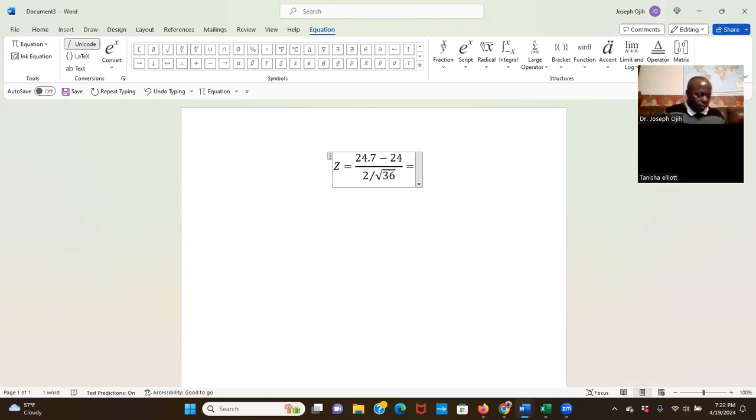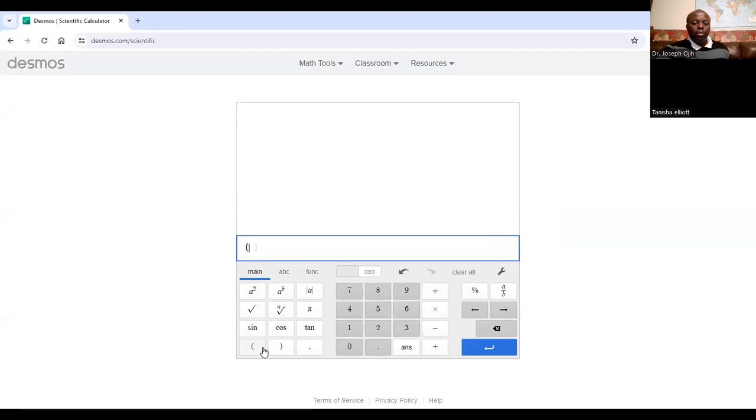So let me write it down so I can figure this out. 24.7 minus 24, divided by the standard deviation of 2 over the square root of 6.